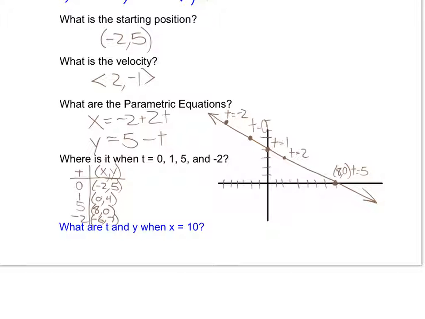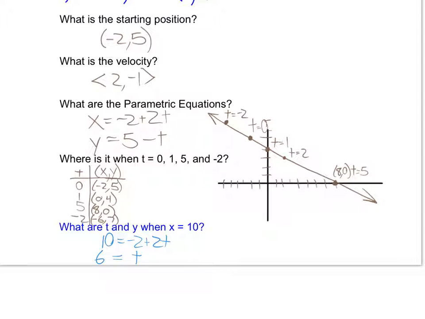If x is 10, then 10 has to equal negative 2 plus 2t, and that tells me that t has to equal 6. So I solve that equation for t, figure out when x is 10, and now I can go back and figure out what value of y goes with x equal to 10.